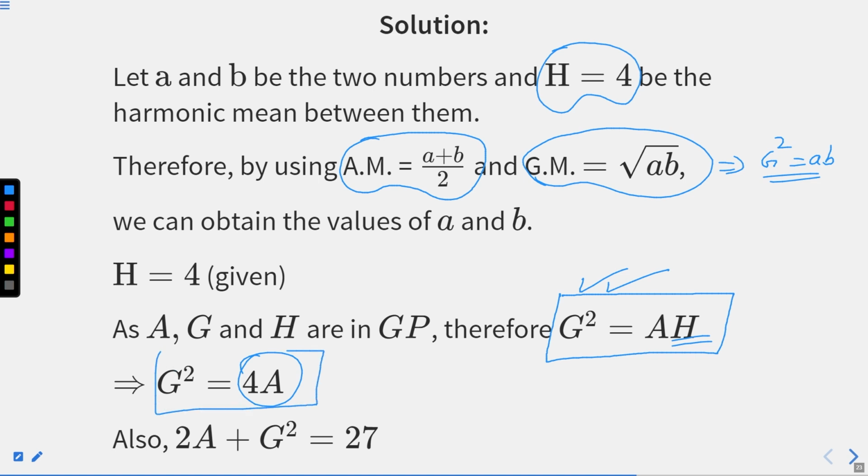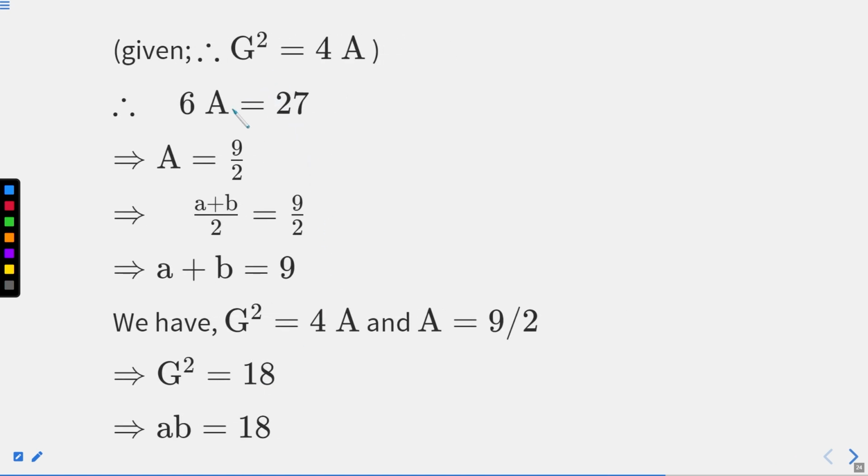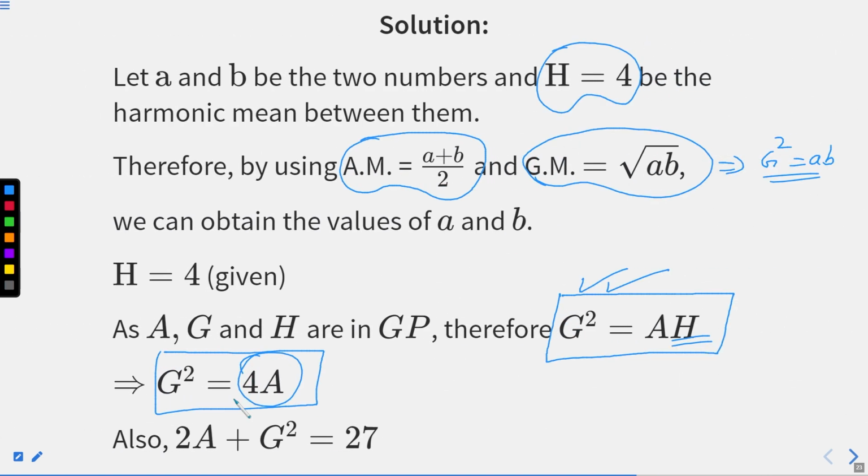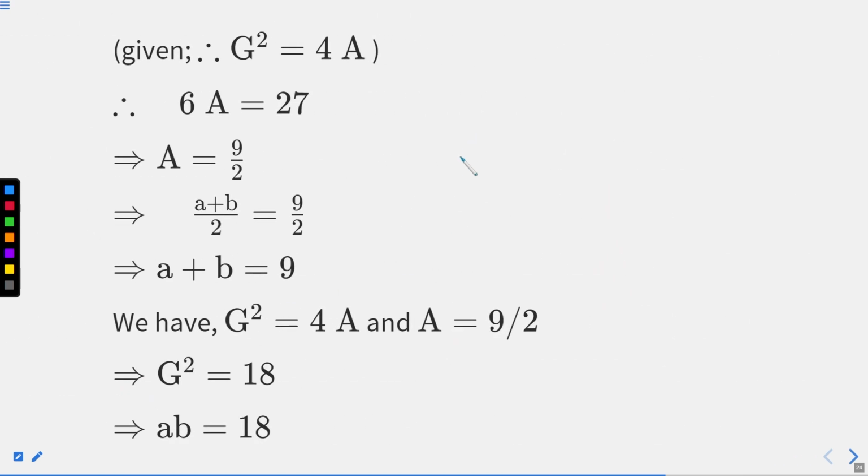Now I have G square equal to 4A. I know 2A plus G square is equal to 27. Substituting G square as 4A, 2A plus 4A is equal to 27. Now it is 6A equal to 27.